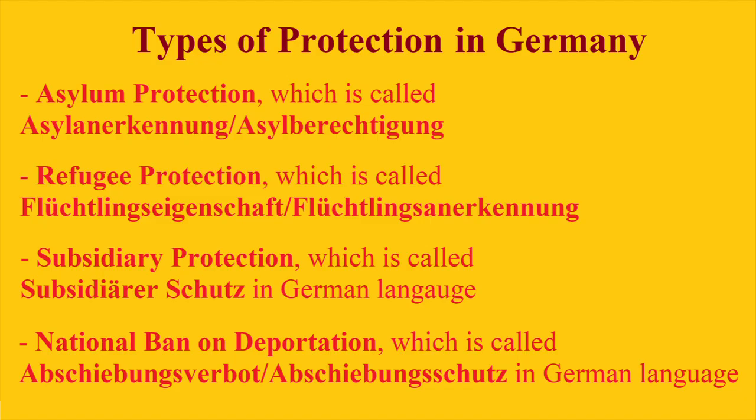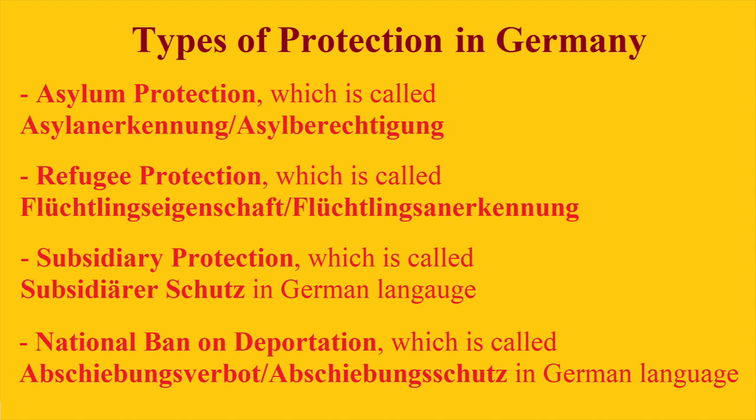In fact, after you apply for asylum at the Federal Office for Immigration and Refugees of Germany, you may get a protection from this office via a special letter sent to you, which is called Anerkennungsbescheid in German.